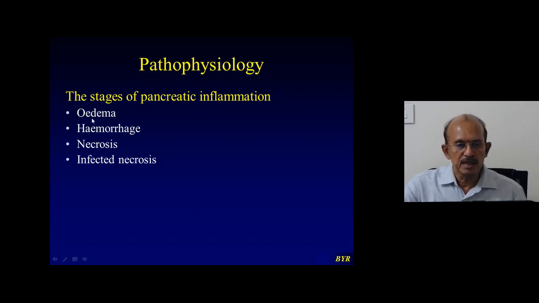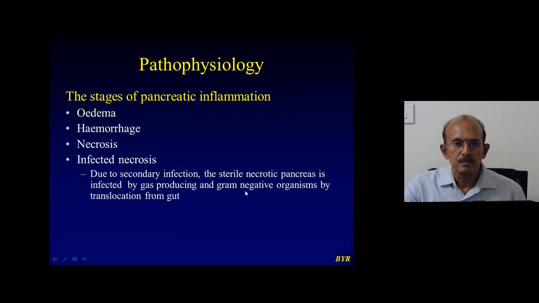So these are the four stages. First, it will be edema. If inflammation is severe, it progresses to the other three steps. Infected necrosis is the severest form of acute pancreatitis. So it carries very high mortality, and patients need very intensive treatment.